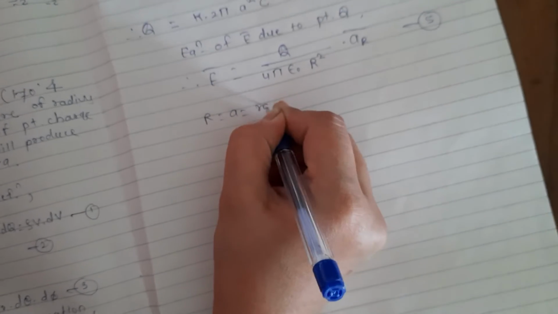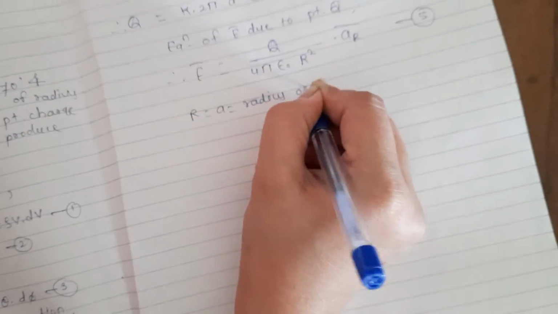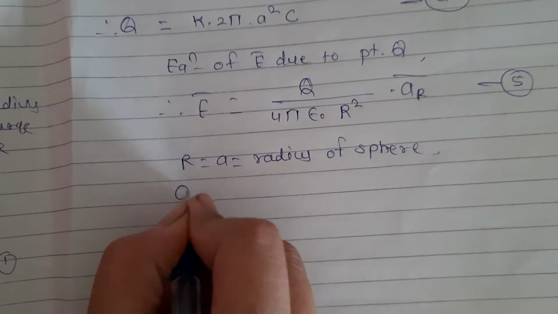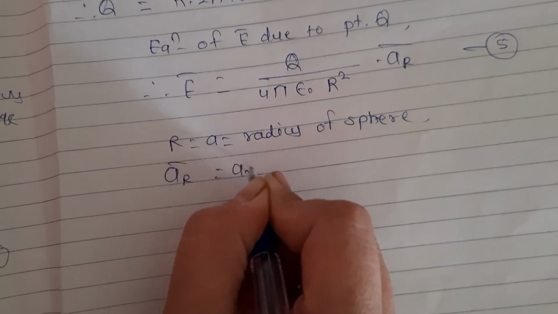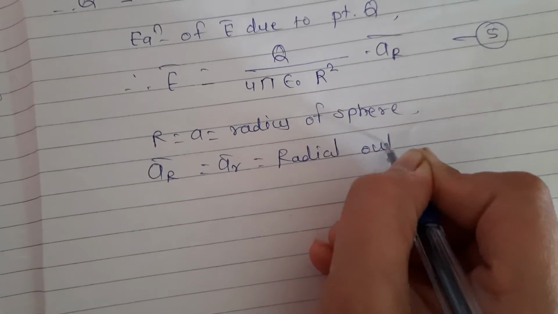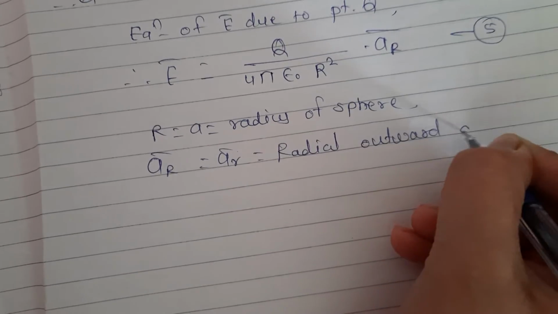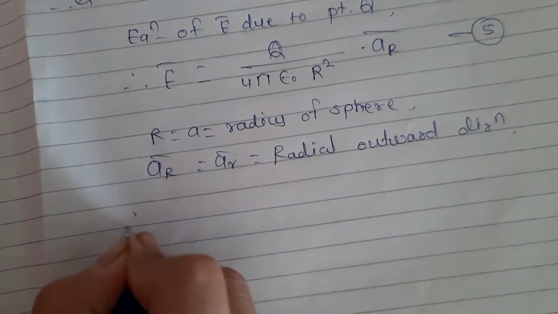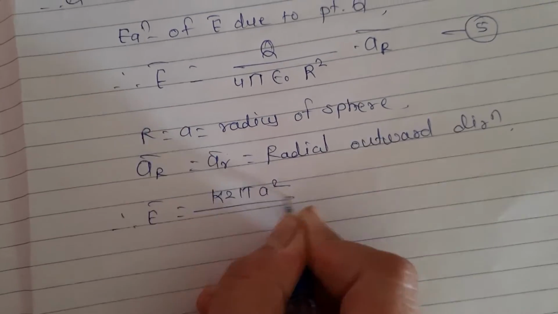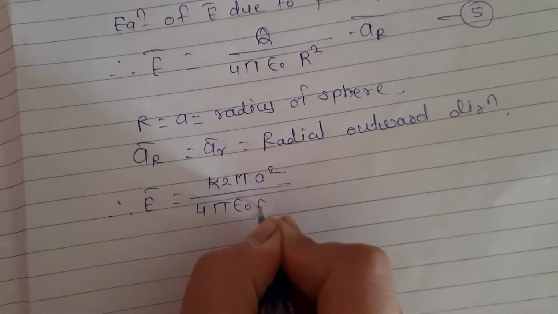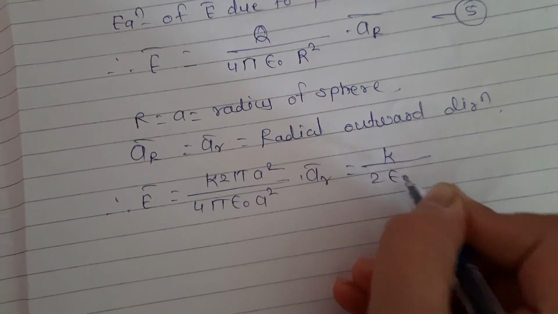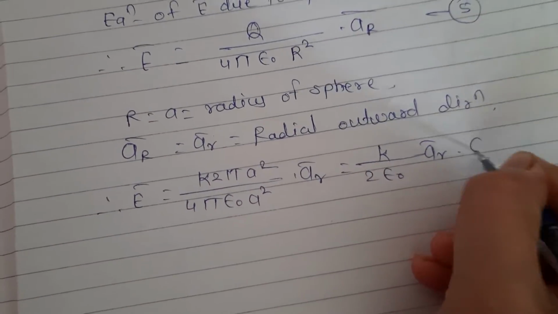It is a, that is the radius of the sphere. A r bar is the radial outward direction. So E bar is equal to k 2 pi a square by 4 pi epsilon 0 a square A r bar. So it is k by epsilon 0 A r bar.